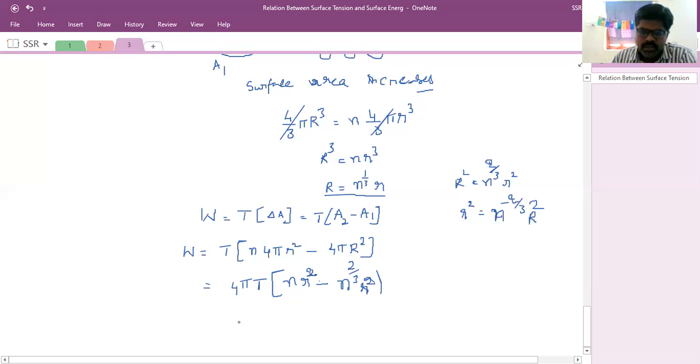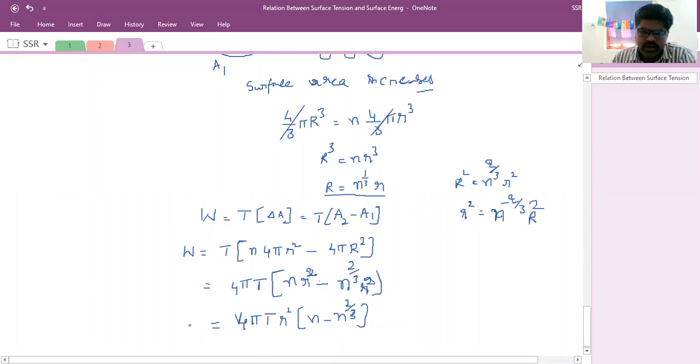Taking small r square common, the answer is 4 pi T small r square into n minus n power 2 by 3.